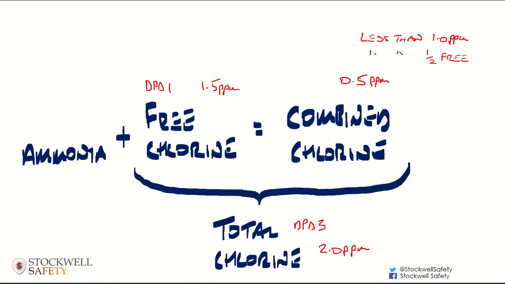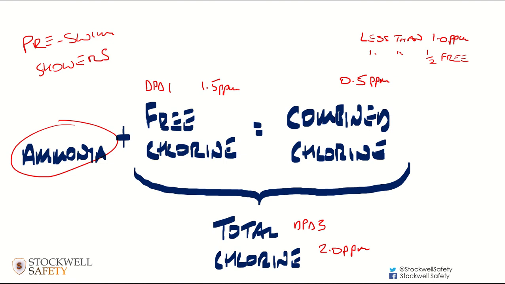But if you can control the build-up of ammonia, and a good way of doing that is making sure everyone takes pre-swim showers, because that way you make sure that the things that create ammonia, the sweat and the urine, sort of never get into the pool. So you prevent or severely curtail the production of ammonia in the first place.